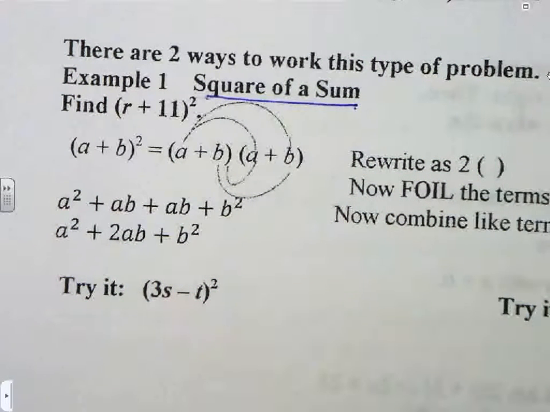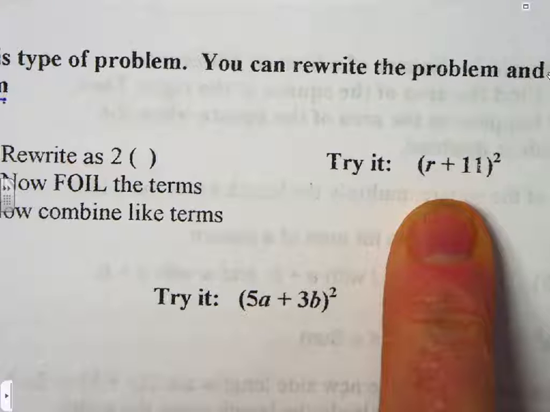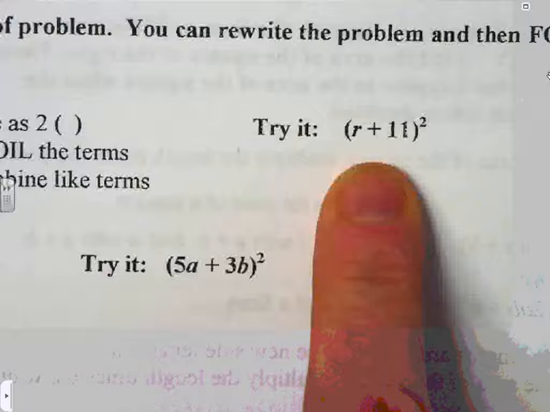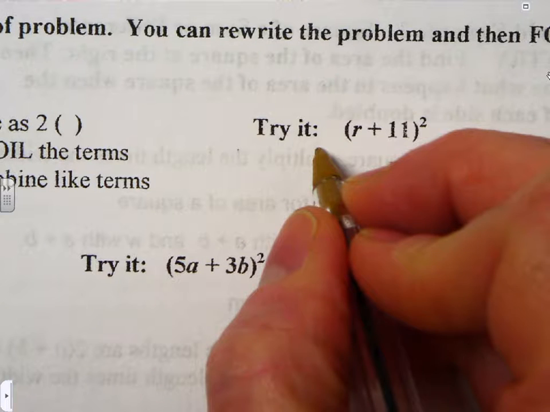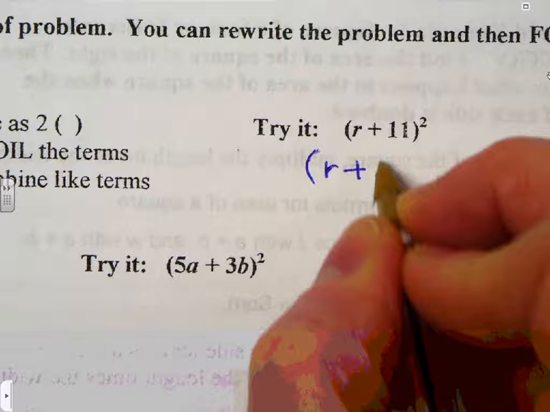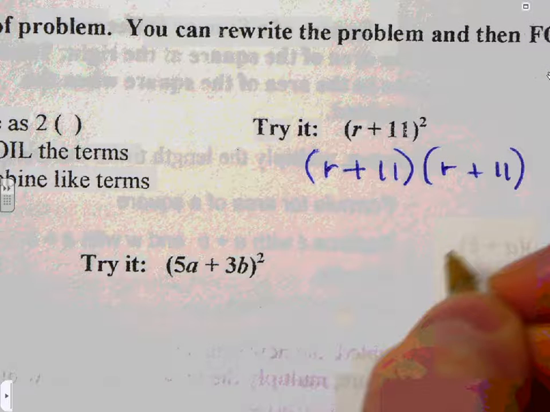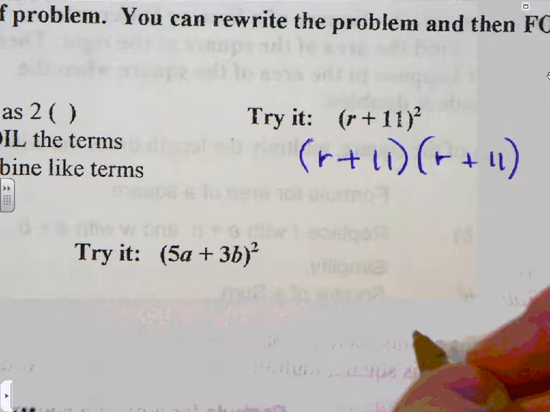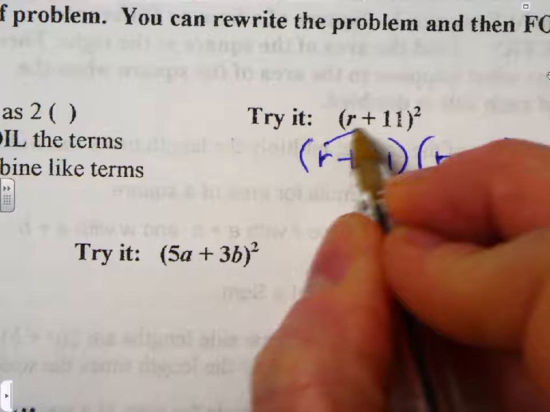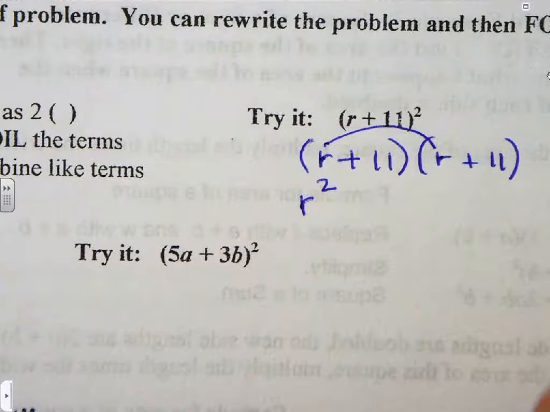Let's try to do that on the problem that we had. So we're going to write it twice. Then we're going to use the distributive property twice, or FOIL it. First times first is r times r, so we get an r squared, right?